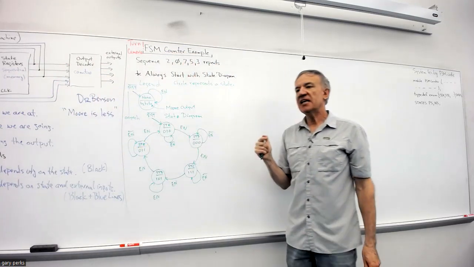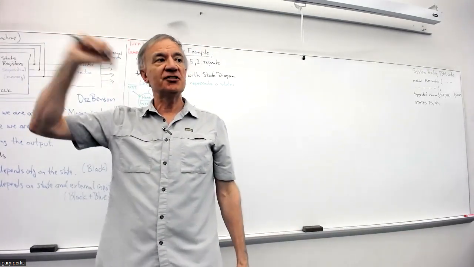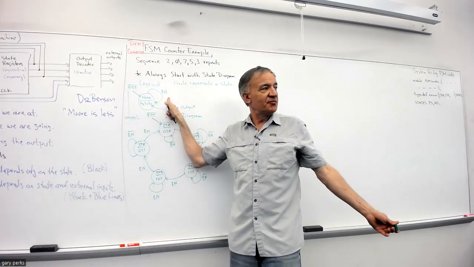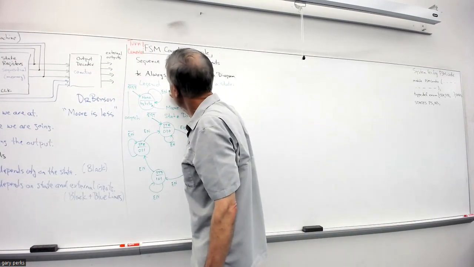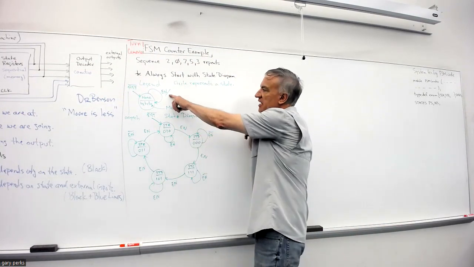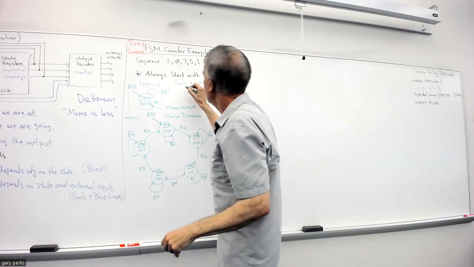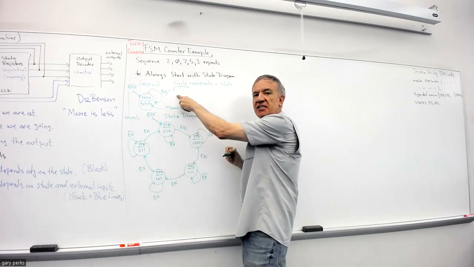If you have a Mealy output, which not only depends on the state but depends on external inputs, like enable, and enable would be an external input, well, Mealy outputs in the state diagram we put underneath any external inputs like enable. So in the legend, if you have a Mealy output, you put it here.